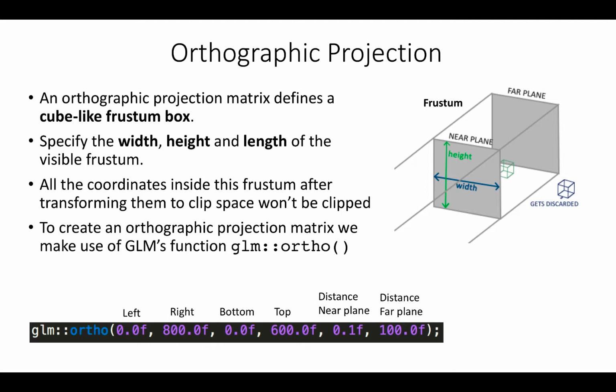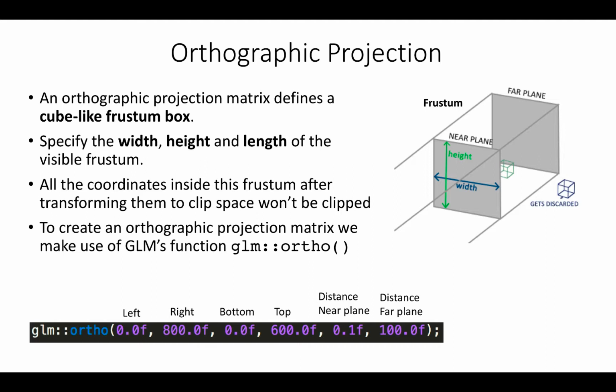When creating an orthographic projection matrix, we specify the width, the height, and the length of the visible frustum. All the coordinates that end up inside this frustum, after transforming them to the clip space with the orthographic projection, won't be clipped. To create an orthographic projection matrix, we make use of GLM's built-in function glm::ortho.